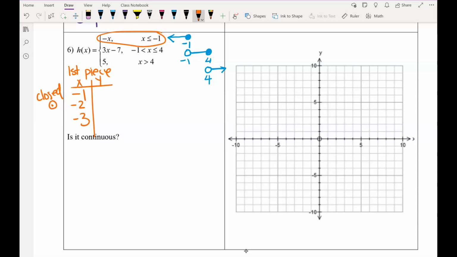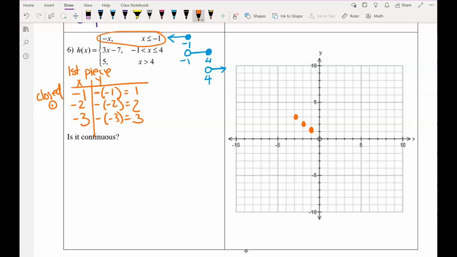So when x is -1, we're going to plug it in. Negative of a -1 gives me +1. When x is -2, negative of a -2 is 2. And same thing with this last one. Okay, so -1, go up 1, closed circle, -2, go up 2, -3, go up 3.